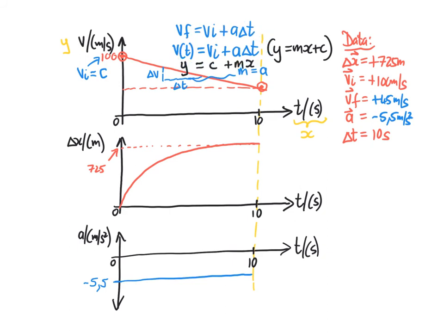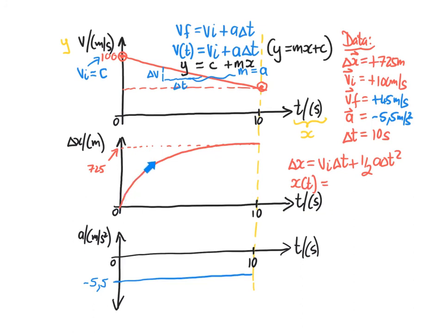Can we do the same for this curve? And the answer is yes. If we refer to the following equation, and that's going to be delta x equals v initial delta t plus a half a delta t squared, and we rewrite it as follows: x of t, because x is indeed a function of time.